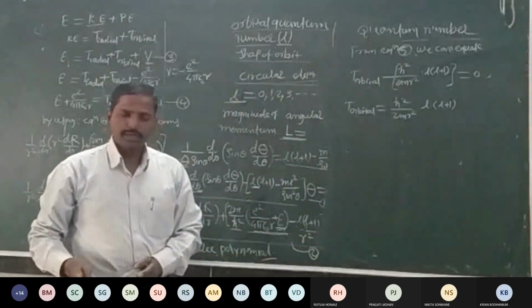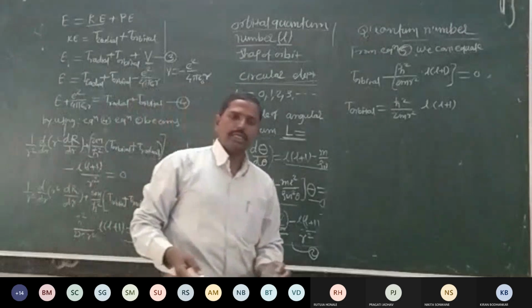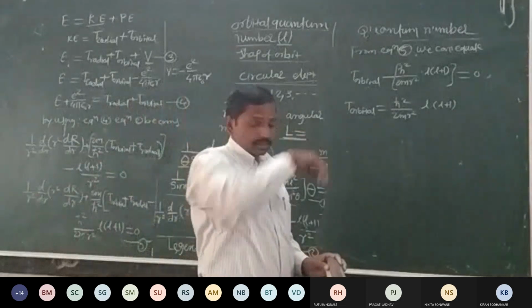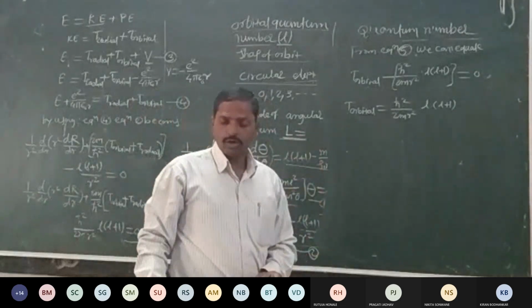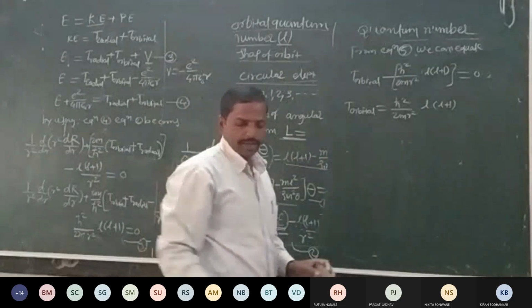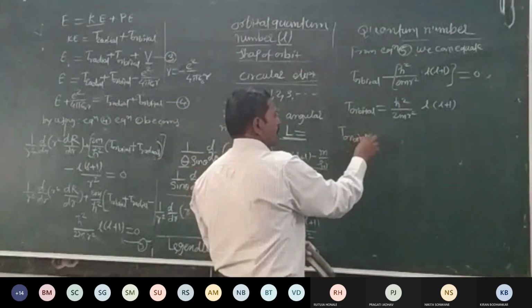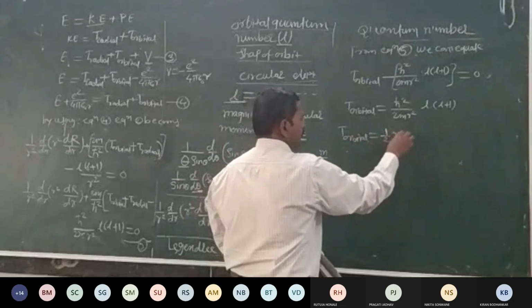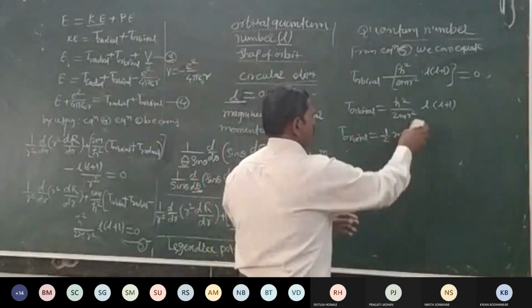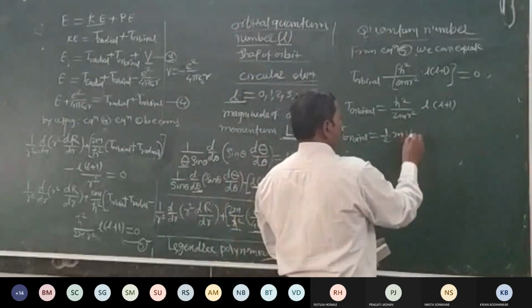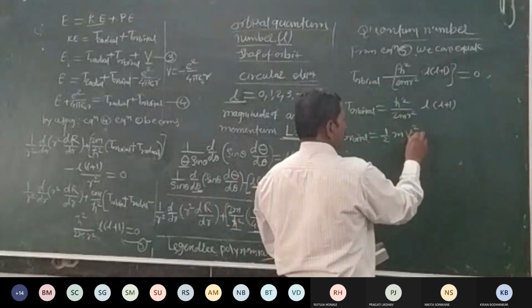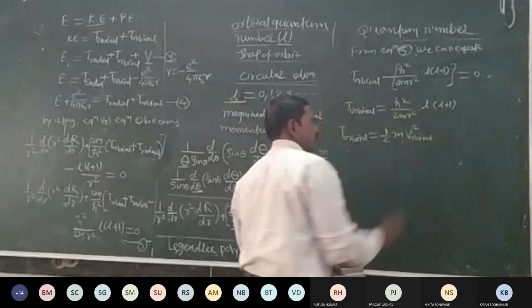We know that the orbital kinetic energy of the particle is T orbital equal to half m v square, where v is the orbital velocity.